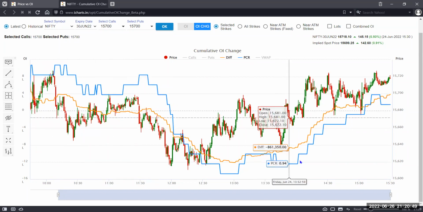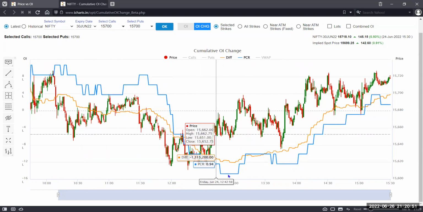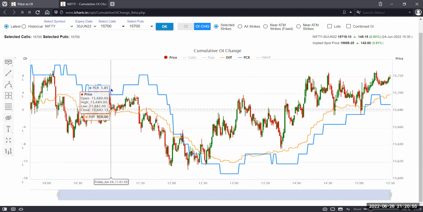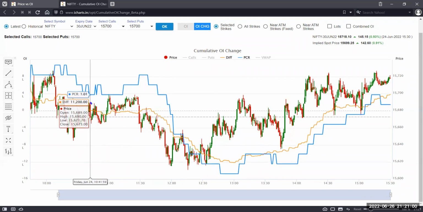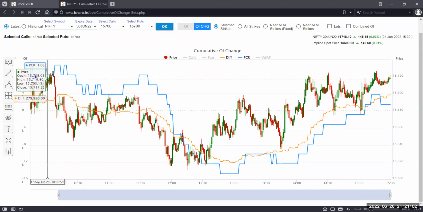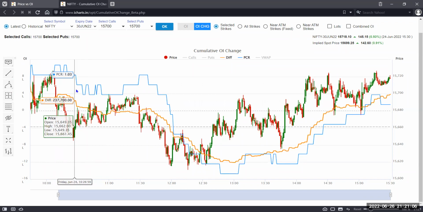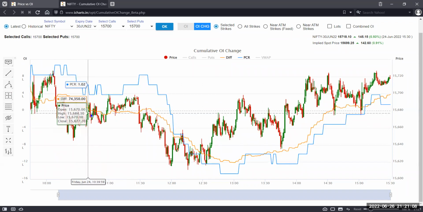This is a flat area. This is a flat area. So all these flat areas mean consolidations. In terms of price also it will consolidate, or maybe it is pulling back against the trend. The trend is mostly down here as PCR went down a little bit and then it went flat. So price is going against the trend or consolidating.